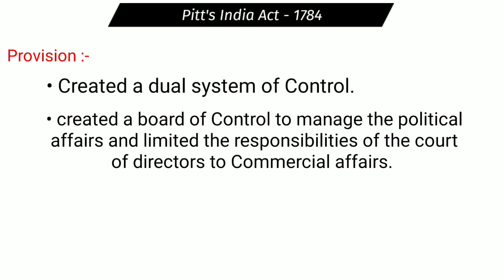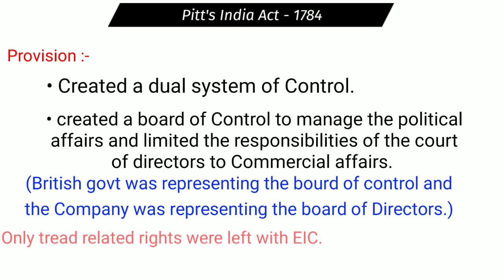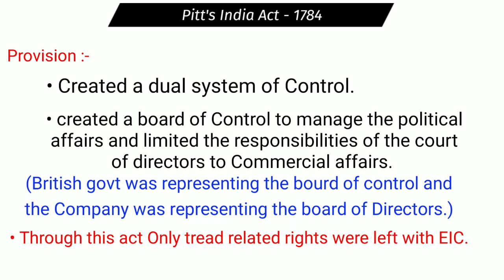Now the Board of Control will manage political affairs, and the Court of Directors will manage commercial affairs. Here, the British government was represented by the Board of Control, and the East India Company was represented by the Court of Directors. Means now through this act, only trade related rights were left with the East India Company.